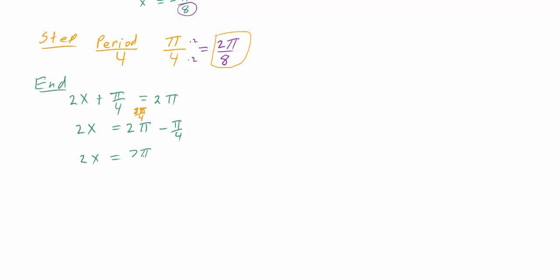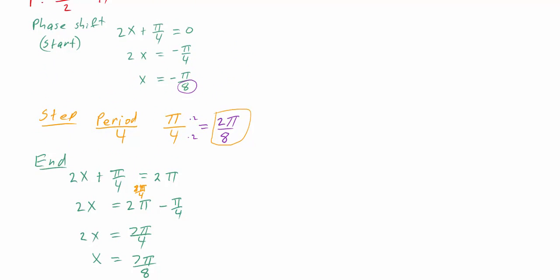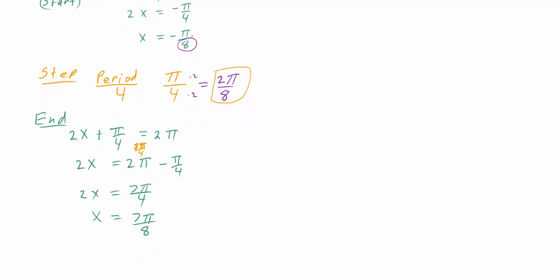We would get 7 pi over 4. And then once again, to get rid of the 2, we could divide by 2 or multiply by 1/2, and we would have 7 pi over 8. So we know that now the beginning of our period that we're going to use is going to start at negative pi over 8, and it will end at 7 pi over 8.